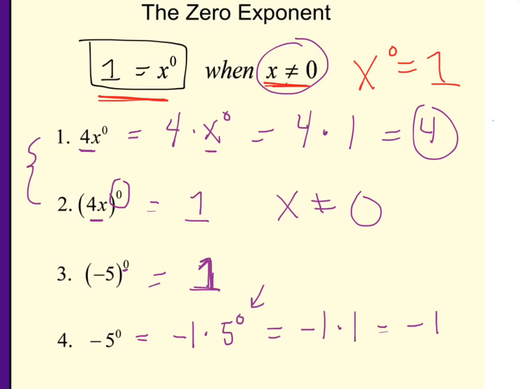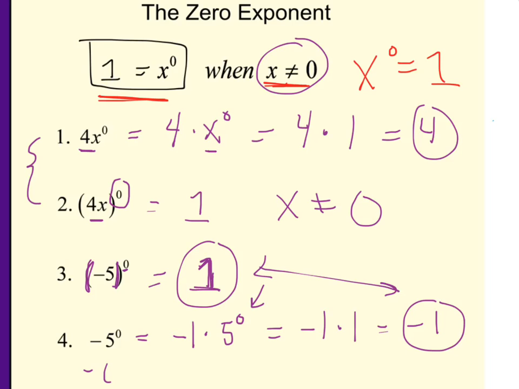That's just negative 1. Okay, notice how these two answers are different between 3 and 4. That's because 3 had parentheses indicating the base would be different. Here, you could put parentheses in, but really, if you put the parentheses in, it would just be negative 5 to the 0 power, or the opposite of 5 to the 0 power.